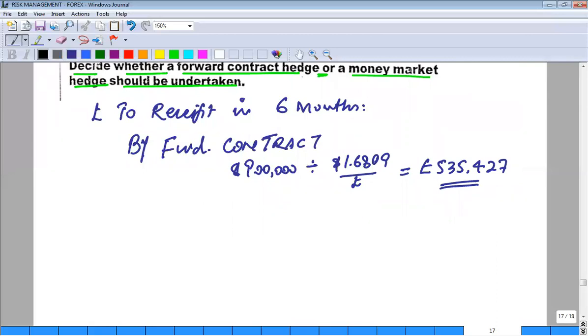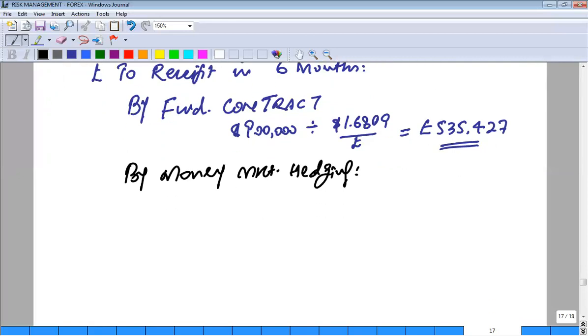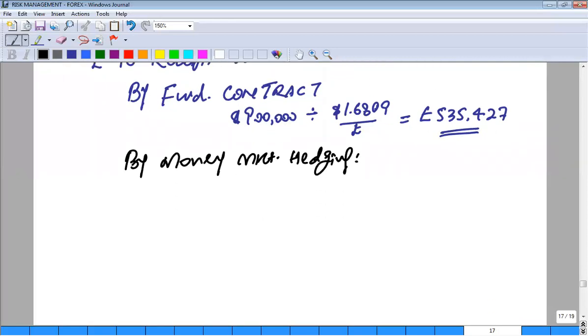And in the case of money market hedging, what is the game here? Number one, the first very important thing is that in the case of receipts, it is now an asset. So money market hedging says that if it's an asset, you have to make the liability now.